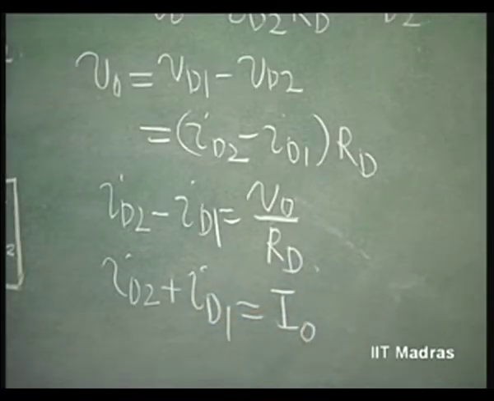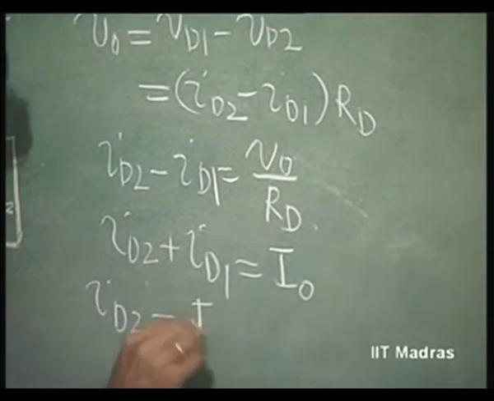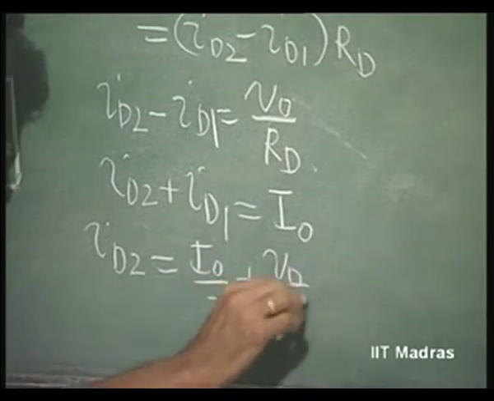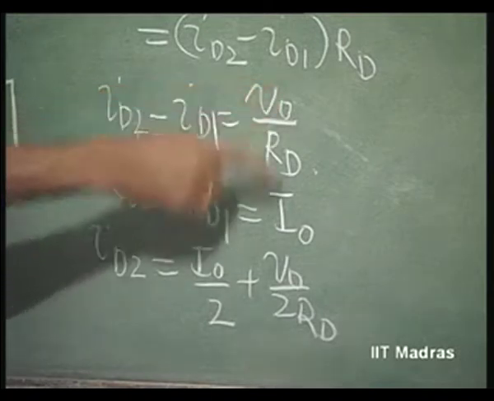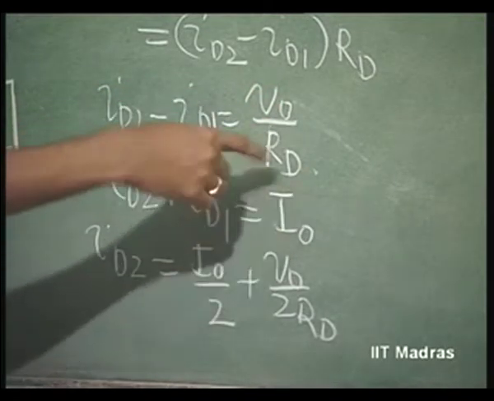So, from these two equations we can write down ID2 as equal to, add these two, I naught by 2 plus V naught by 2RD. Is this clear? 2 ID2 is this plus this. So ID2 is this plus that by 2.